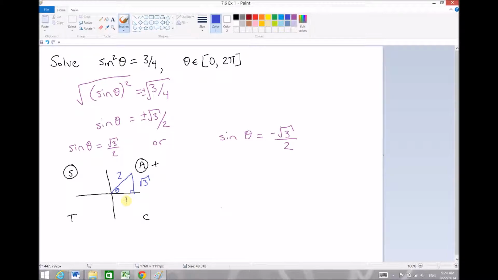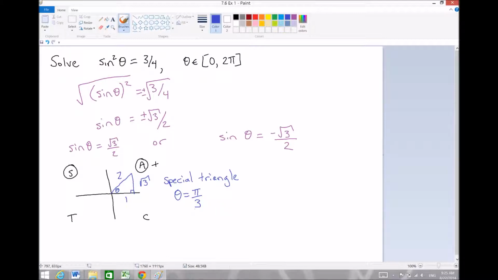The hypotenuse is 2. What is theta? Which special triangle is this? Theta is equal to pi over 3.